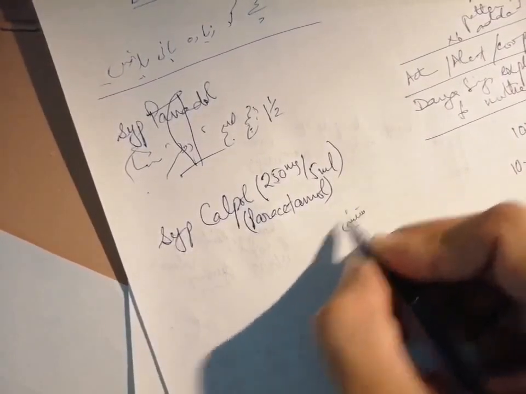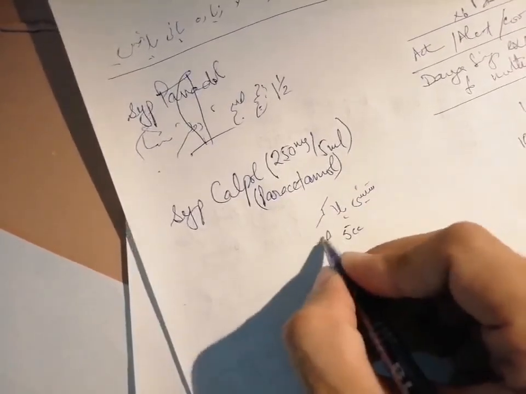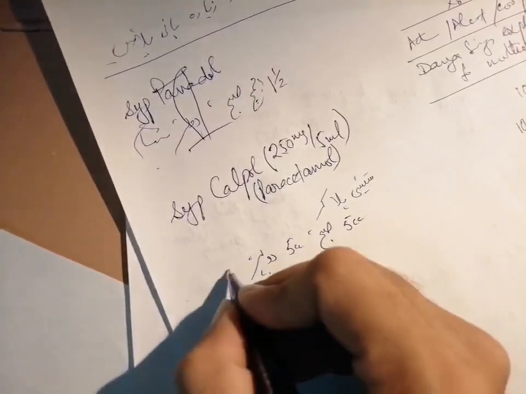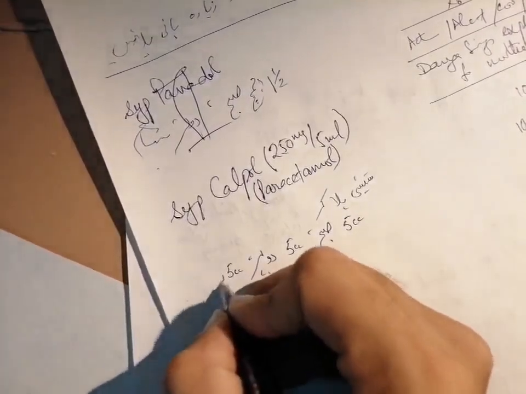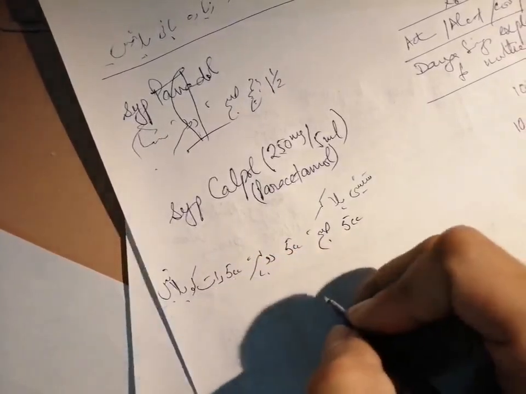शीशी हिलाकर 5 सीसी सुबह, 5 सीसी दोपहर, 5 सीसी रात को पिलाएं. Right?